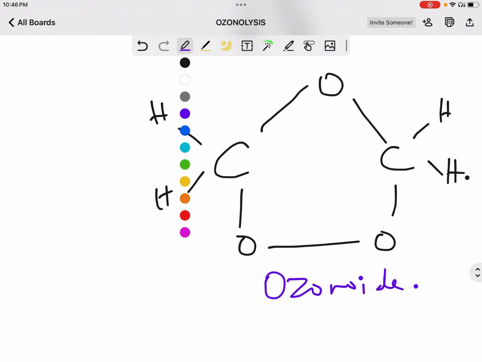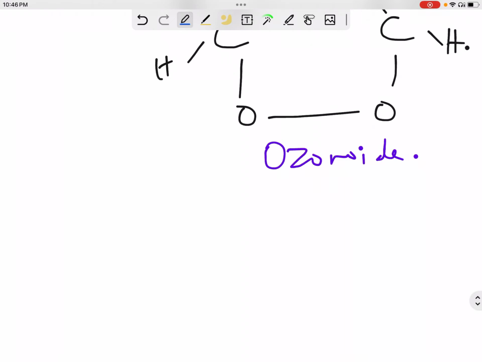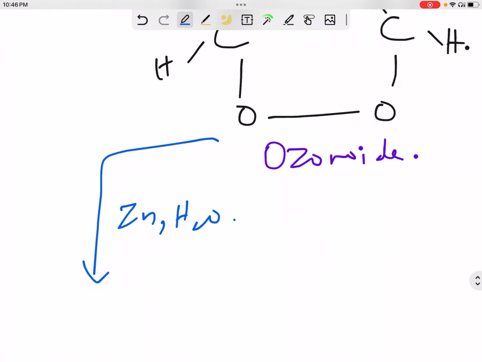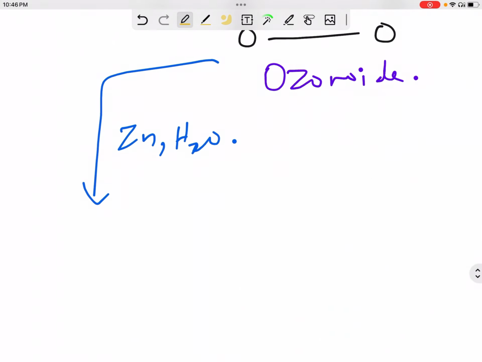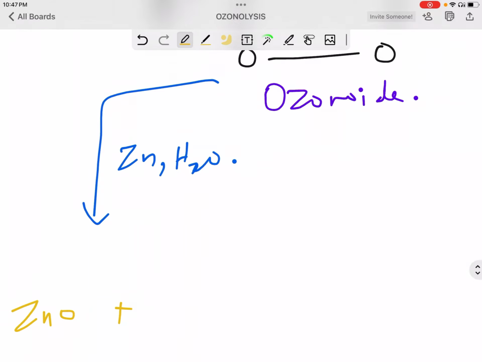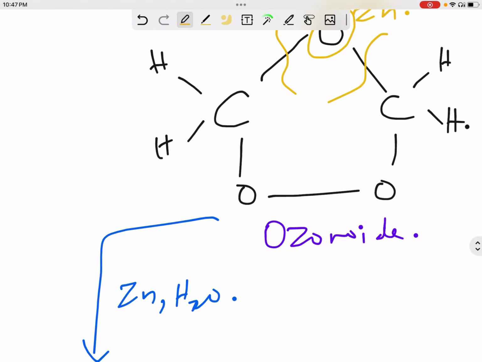This, on further reaction with Zn and water, makes the compound break some bonds. For example, these two oxygen bonds will be broken and this oxygen will be attached to Zn, and they will be getting a byproduct, that is ZnO. Apart from that, this bond breaks and that makes this into a double bond as well as this one.